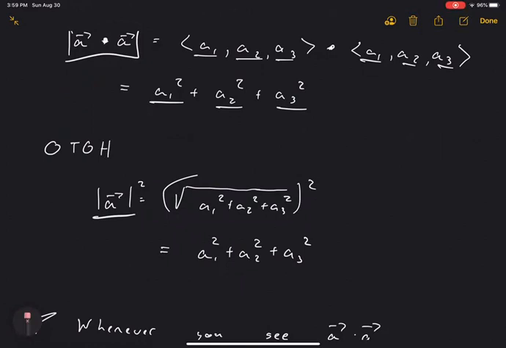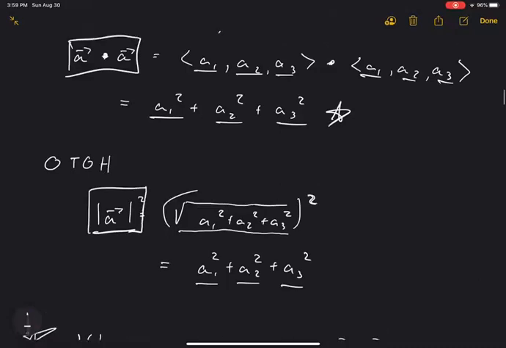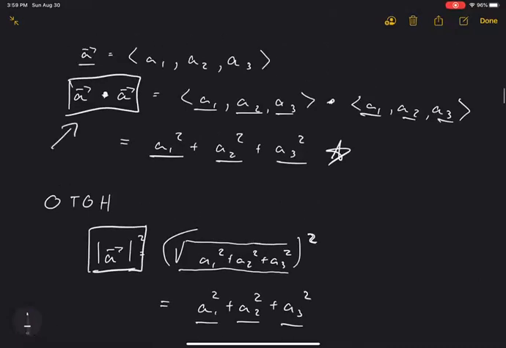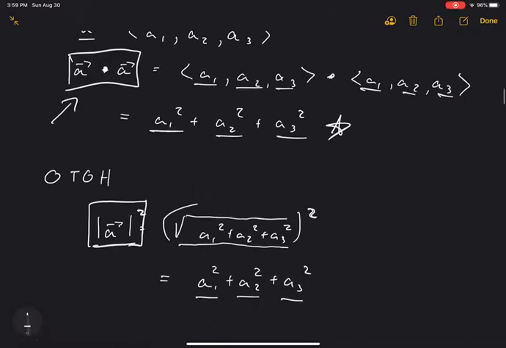It's not the Pythagorean theorem, but it's a direct result of the Pythagorean theorem, right? So the length of A is given by this, and then we're squaring it. So the square and the square root cancel, and I'd just be left with A1 squared plus A2 squared plus A3 squared, which is the same thing we had up here. So it must be that this is equal to that. So the length of my vector A squared is equal to A dot A.